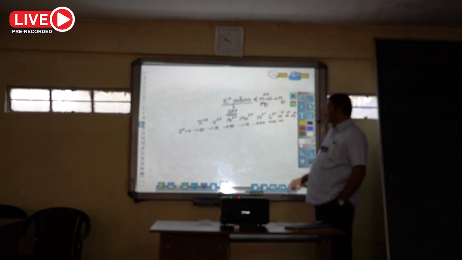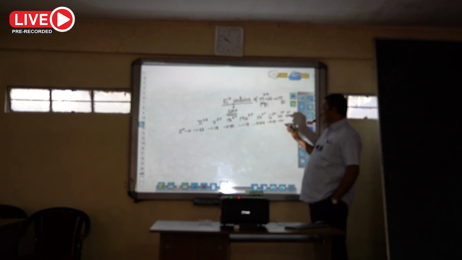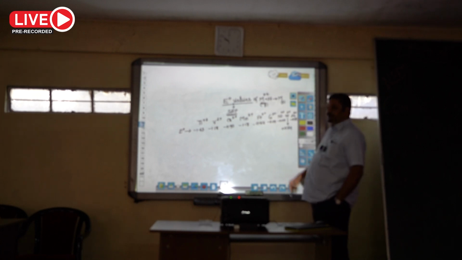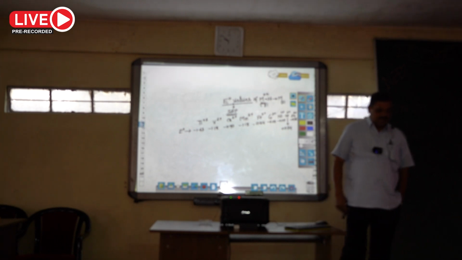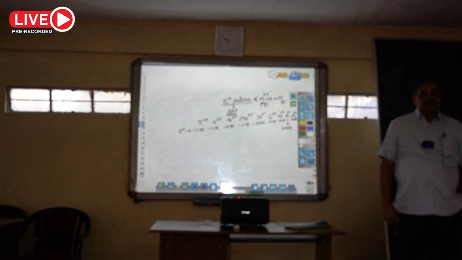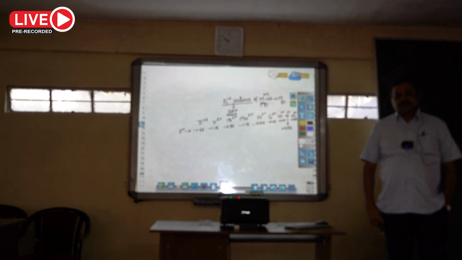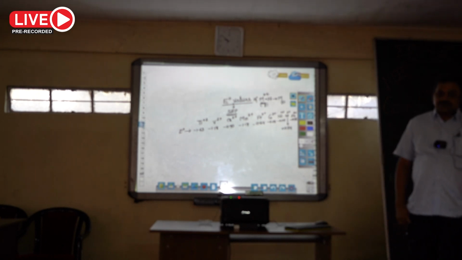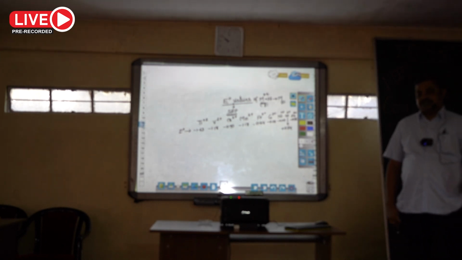Minus 0.25. Only copper will have plus. Minus 0.76. So actually, these reduction potential values are very much irregular.